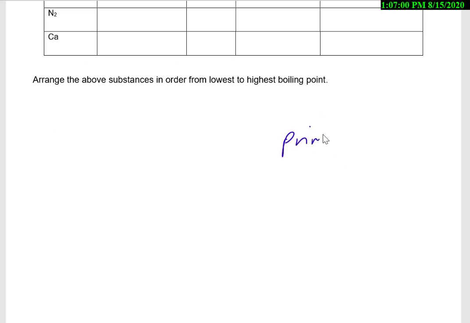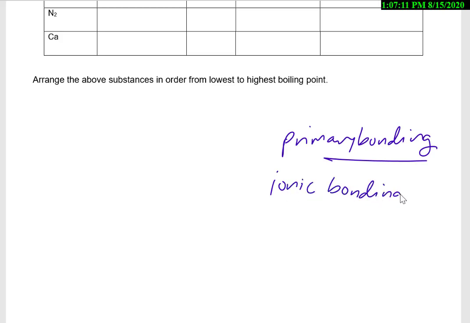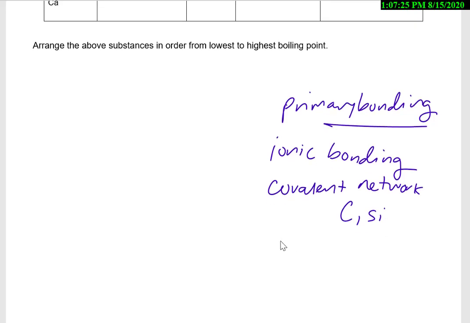Here I'll review that really quickly down here, where primary bonding forces include ionic bonding, so you're looking for a metal and a nonmetal. Covalent network, which you're looking for carbon or silicon. Ionic, an example would be NaCl.